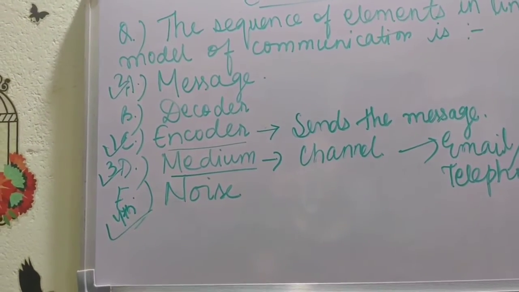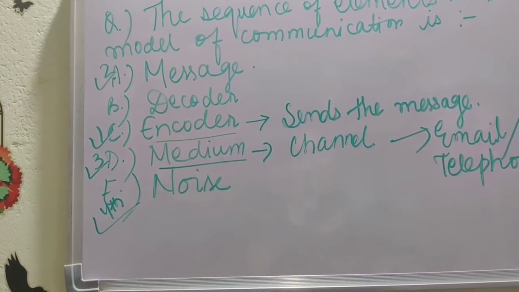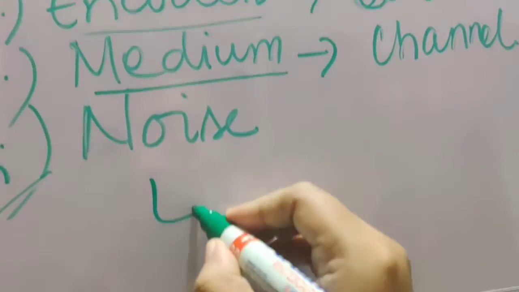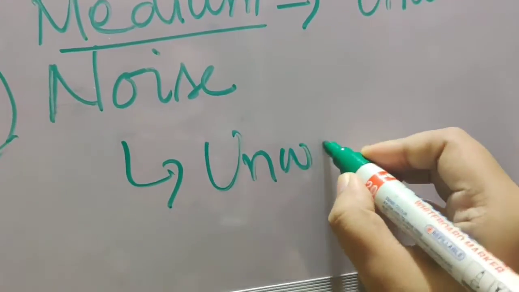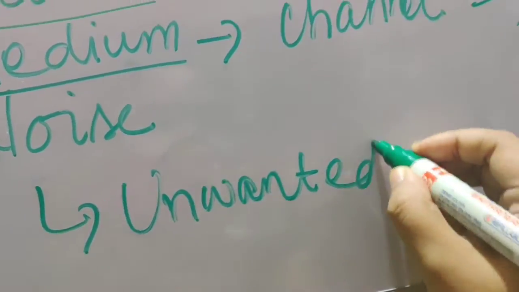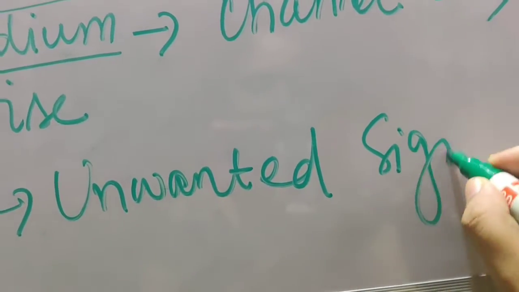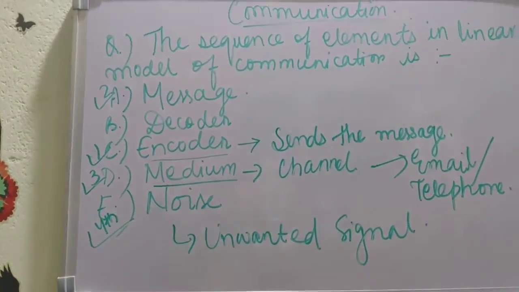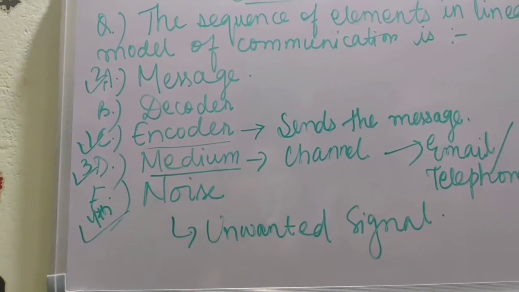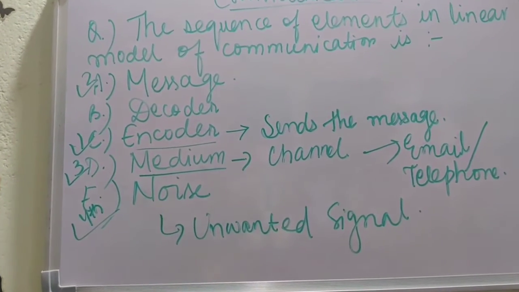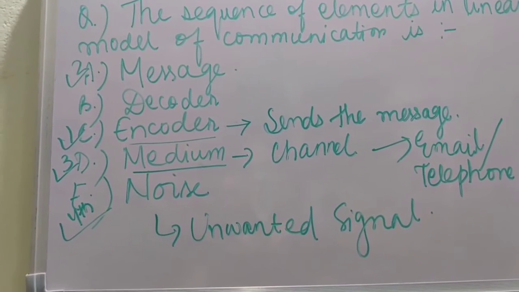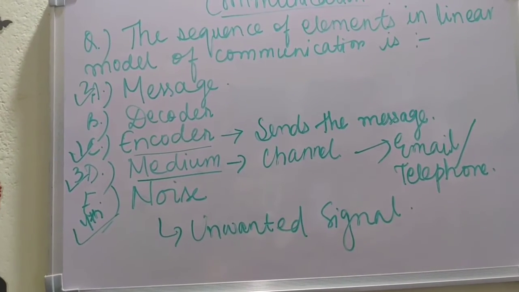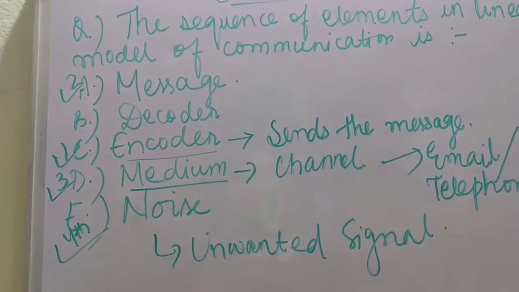Noise is an unwanted signal that usually disrupts the communication process. There are different kinds of noise. For example, if while communicating I am using a technical language, then it will lead to semantic noise. So this is the fourth element of linear model of communication.